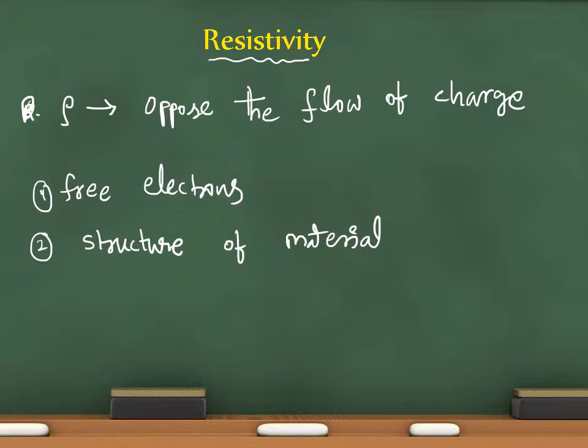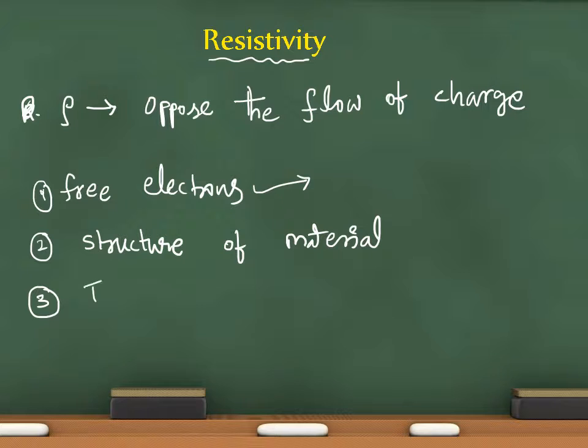So the structure of the material is an important factor in deciding its resistivity. And is there anything more which will affect the free electrons? The first thing we considered for affecting resistivity is free electrons, and free electrons can be altered by temperature.